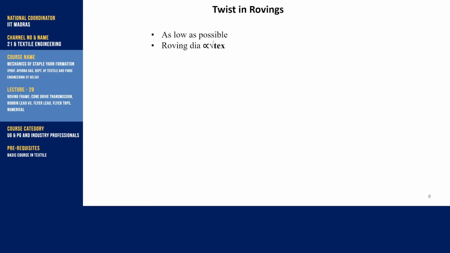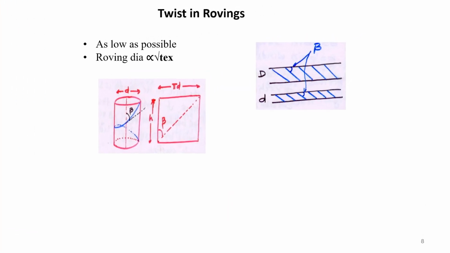Roving diameter is proportional to the tex, and this is related to the twist angle. Twist angle is given by beta. So, you can see tan beta equals pi d by h. Pi d is related to the diameter of the roving, and h is 1 by t, where t is the turns per unit length.